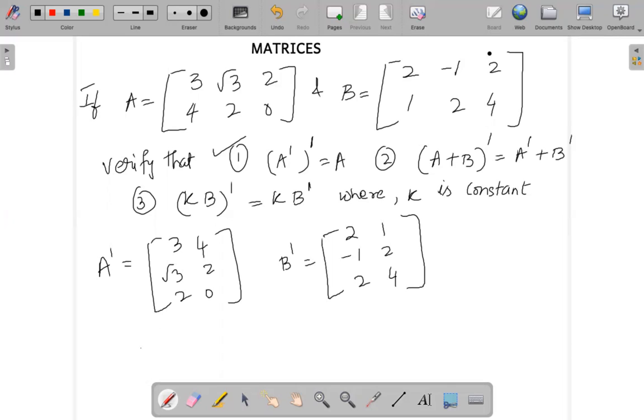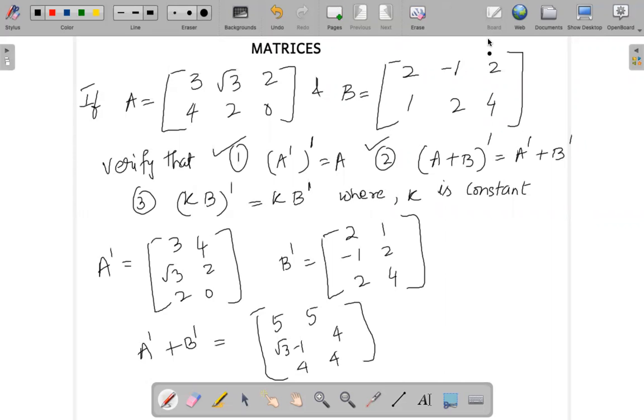Now we have to find A prime plus B prime. Let us add that and get the result on the left hand side as well as the right hand side. So hence we have verified that A plus B whole prime is equal to A prime plus B prime.